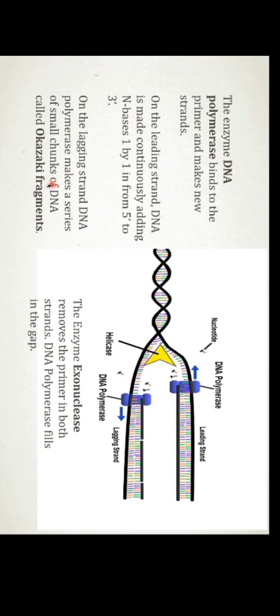So the enzyme exonuclease removes those primers, and then your DNA polymerase again fills in the gaps that were left by the primers. Once the primers are removed, since they are RNAs, there will be gaps, most especially in the lagging strand.